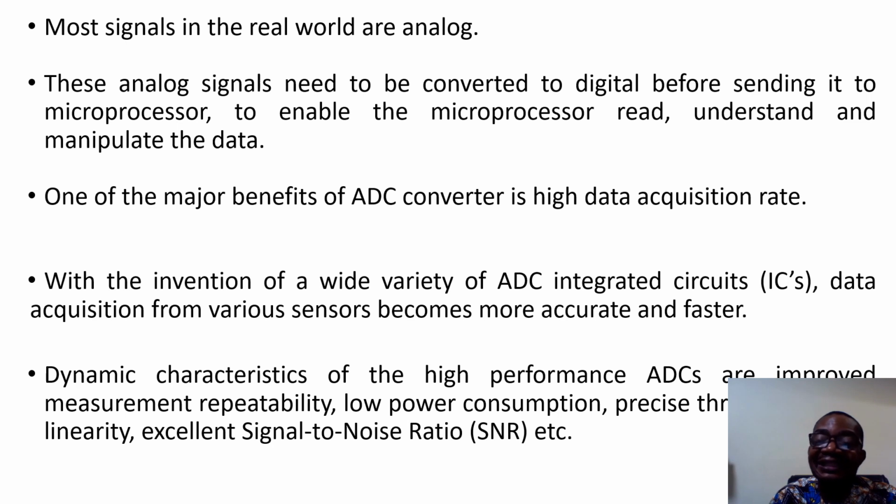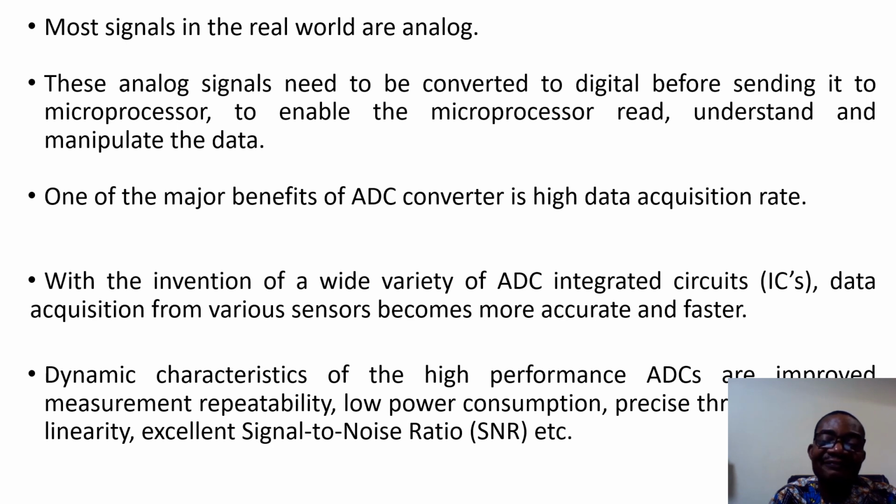Most signals, as I said earlier on, in the real world are analog signals. These signals need to be converted to digital signals before sending them to the microprocessor to enable the microprocessor to read, understand, and manipulate the data.